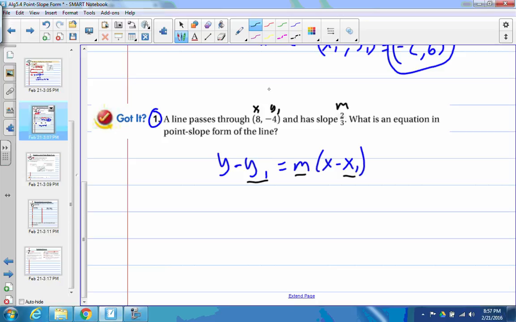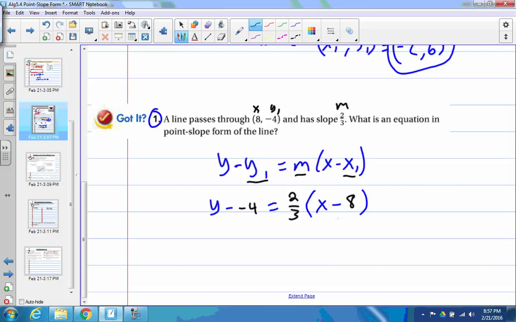So if we plug those in, we'd have y minus y1, which is negative 4, equals, our m is 2/3. We're going to multiply that by x minus whatever x1 is, and in this case x1 is 8.